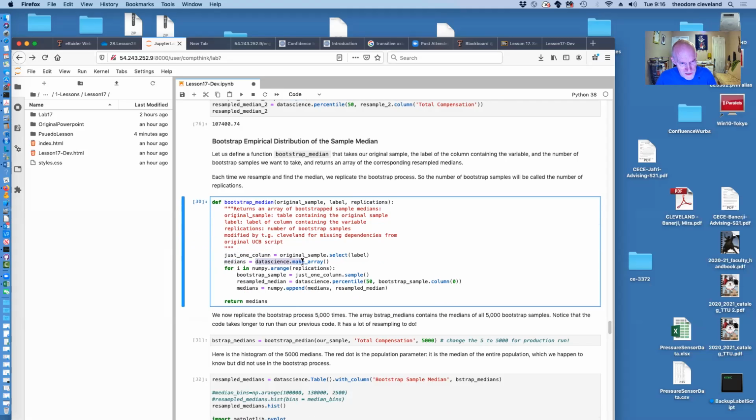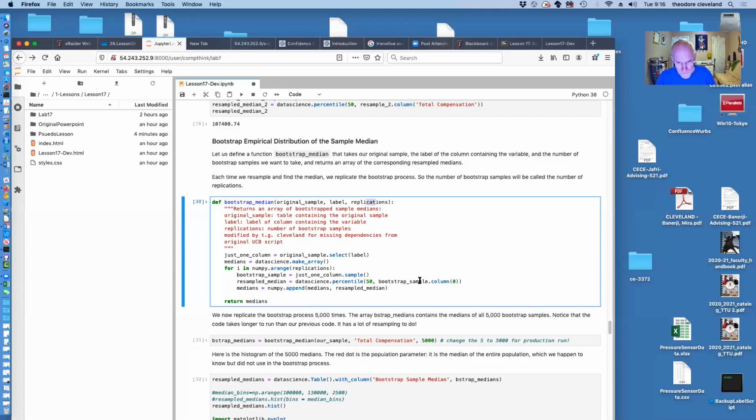Medians, we're going to make an array, and then we're going to start appending to the array. So for i in NumPy's arange of replications, which is an input value, we'll take the just one column sample and put it into something called bootstrap.